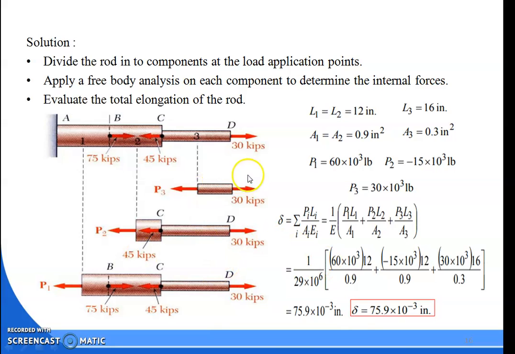See, the whole structure is subdivided according to the loading part. Up to A to B part, it is your section 1. Then B to C part is designated as your section 2, and then C to D part is designated as your section 3.